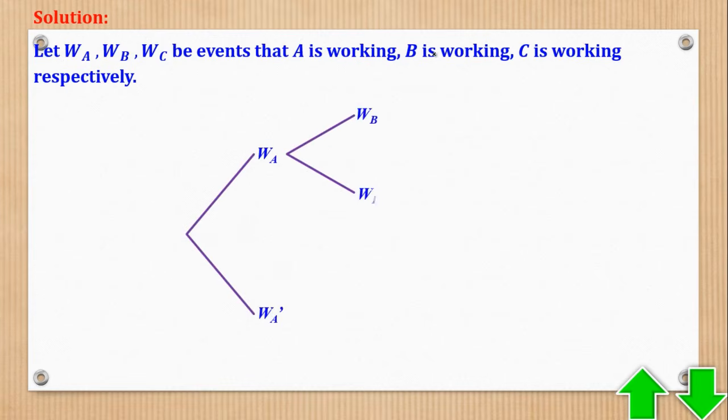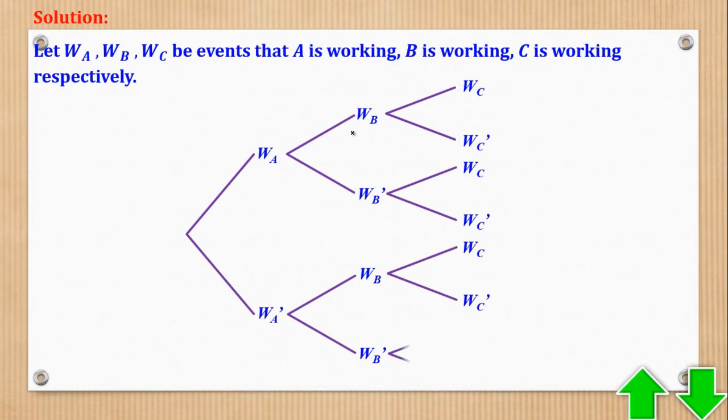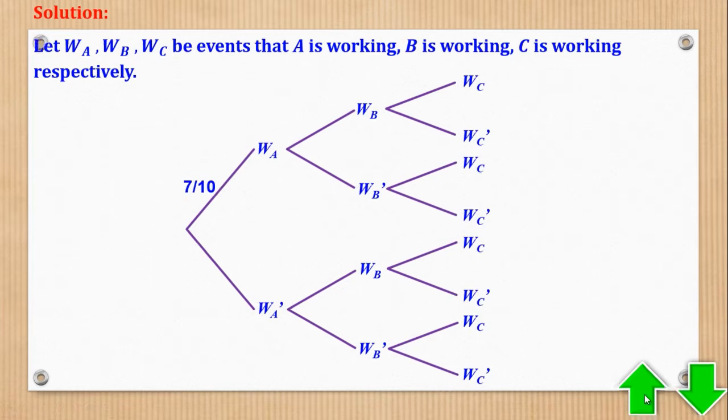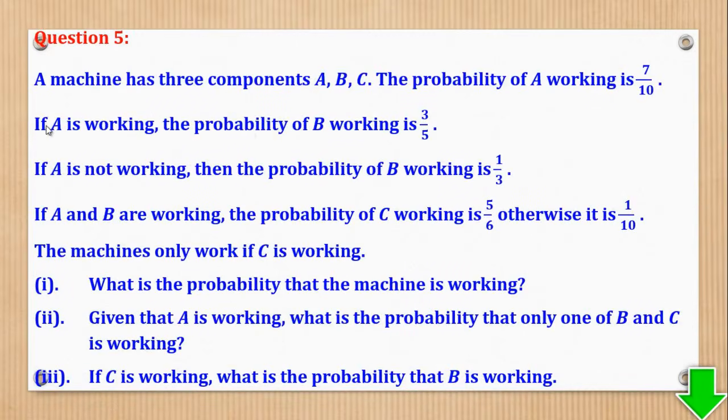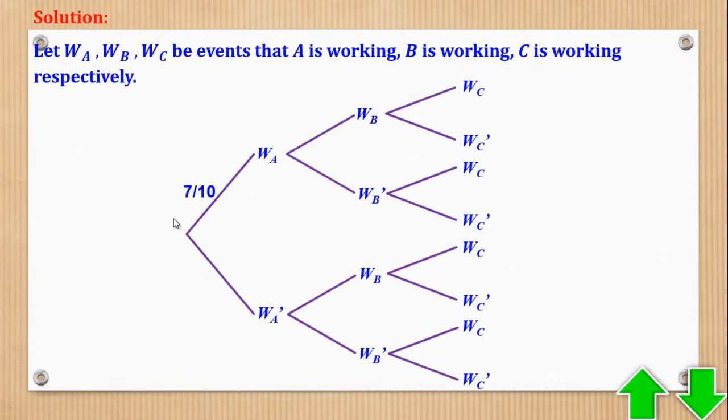Now first of all it was A, followed by B, followed by C. So here the probability of A working is 7 over 10. It was given here. They told you that the probability of A working is 7 over 10. And this complement will be 3 over 10.